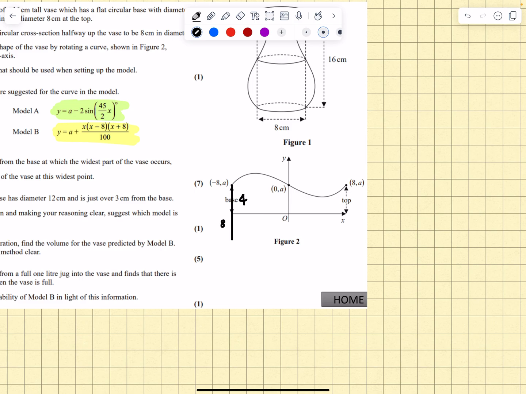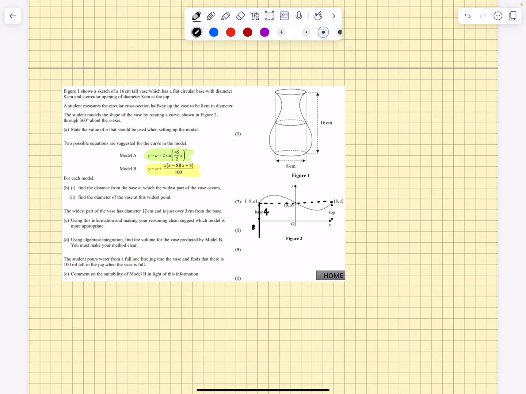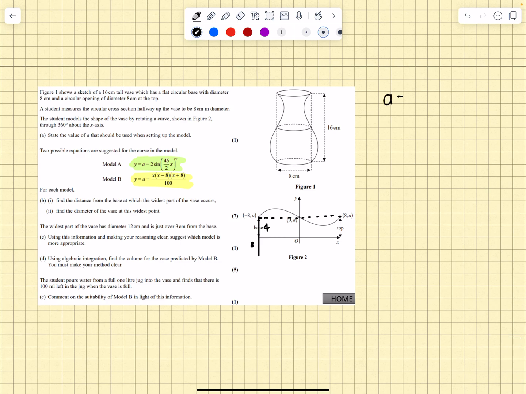So it's 4 up, which is going to be your A, along that axis. So A equals 4. That's for part A.